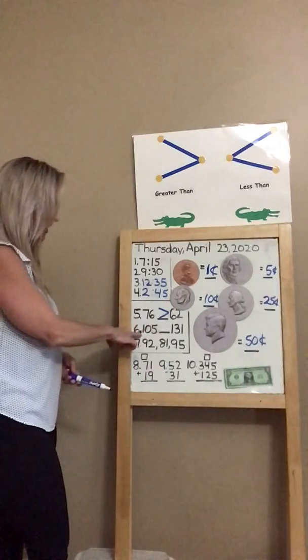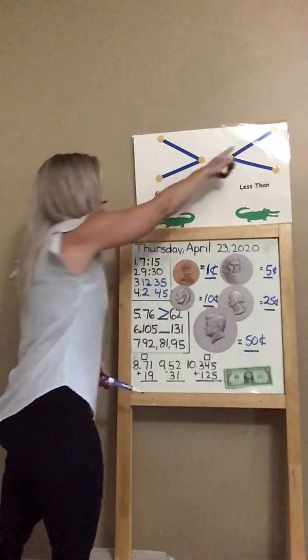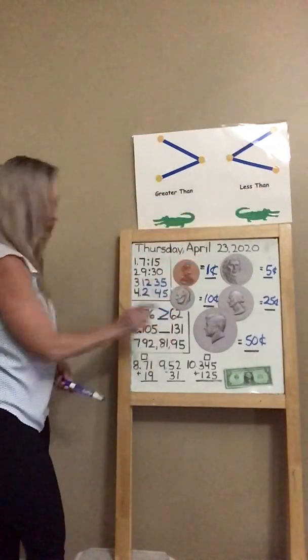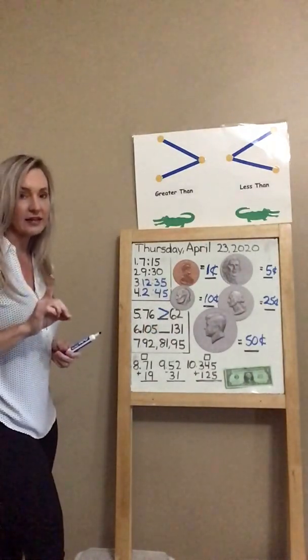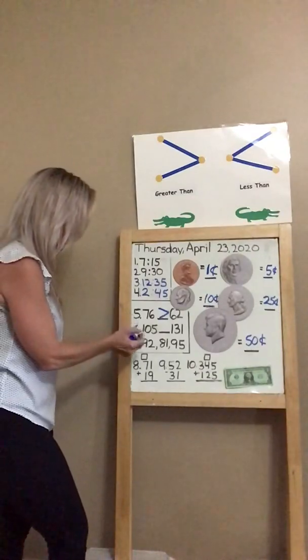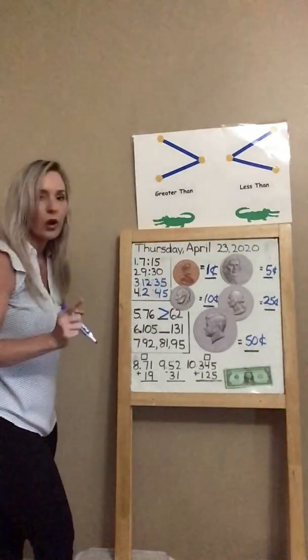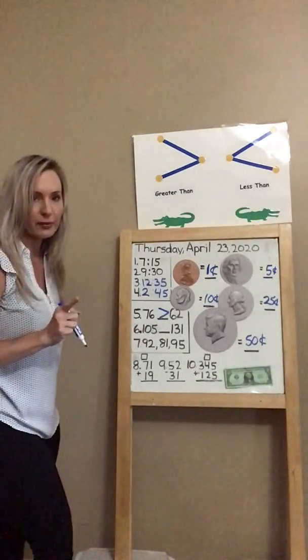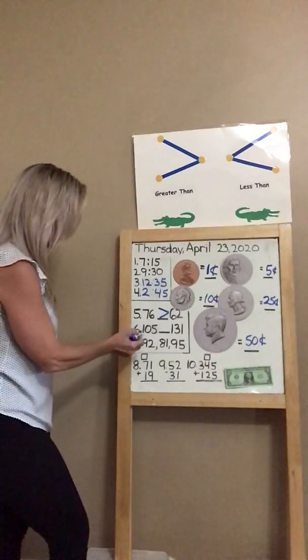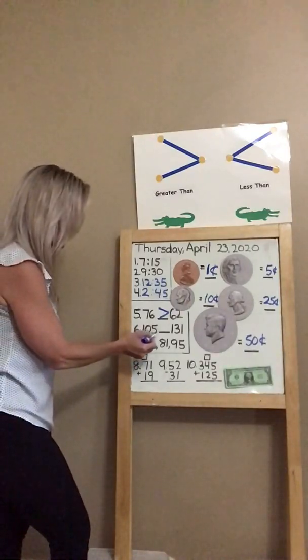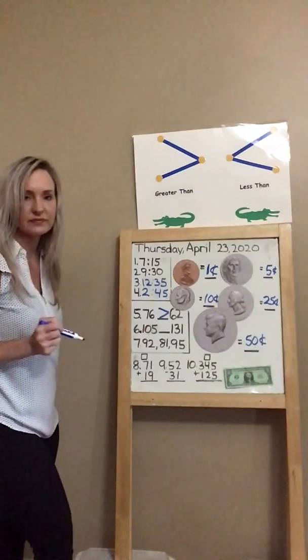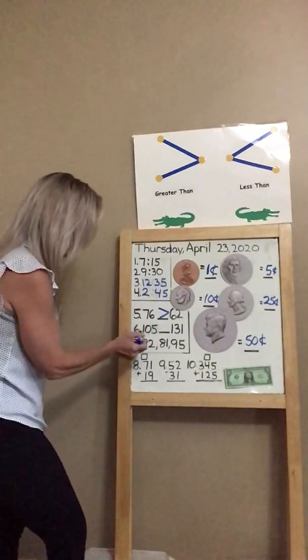Is 105 greater than or less than 131? Before you do that, let's quickly remember, if you're comparing 3-digit numbers, what place do you look at first to compare? Are you going to look at your hundreds place, your tens place, or your ones place? You should look at your hundreds place first.